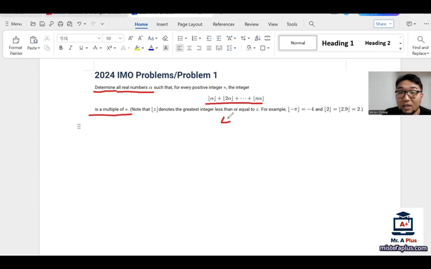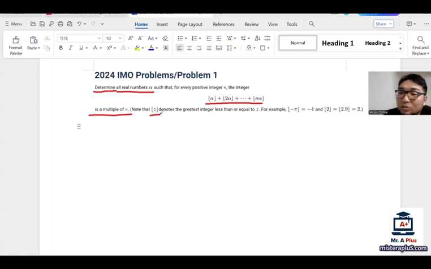For example, 4 can be divided by 2. 3 divided by 2 is not a whole number, so that's not a multiple of n. Now we fully understand what this question is about: find all the values of alpha that make this expression divisible by n, with the answer being a whole number.